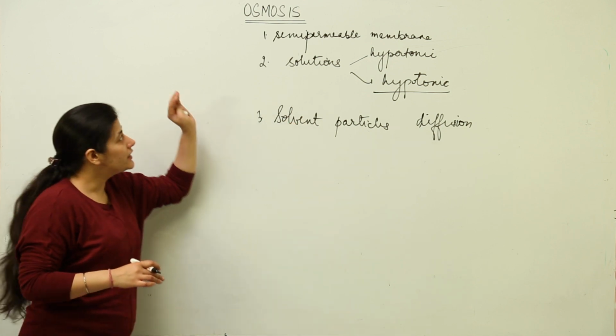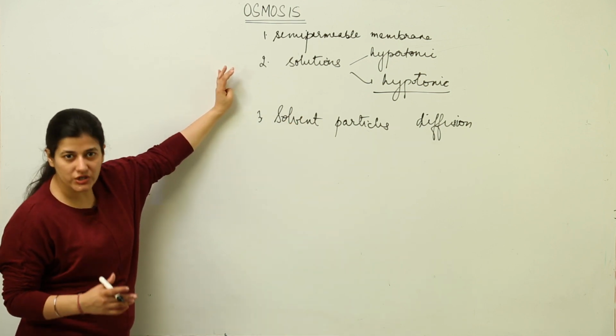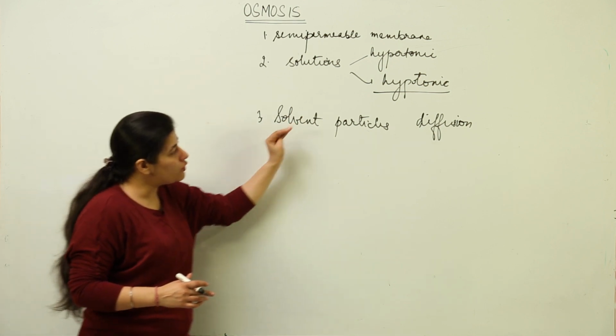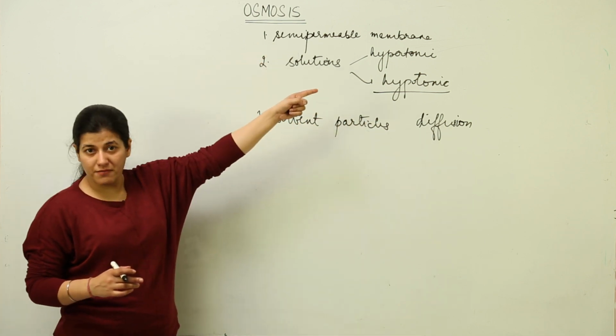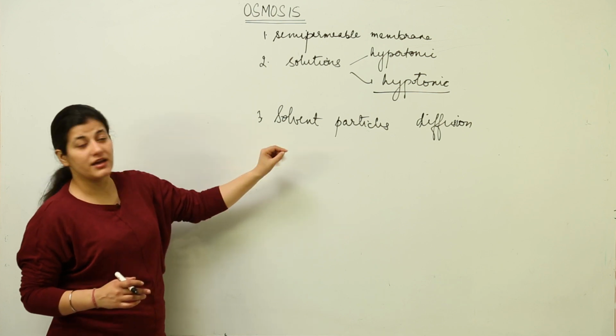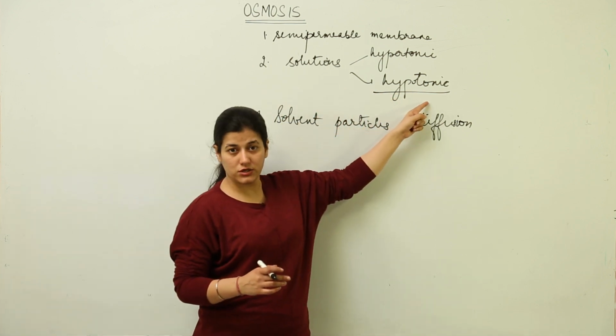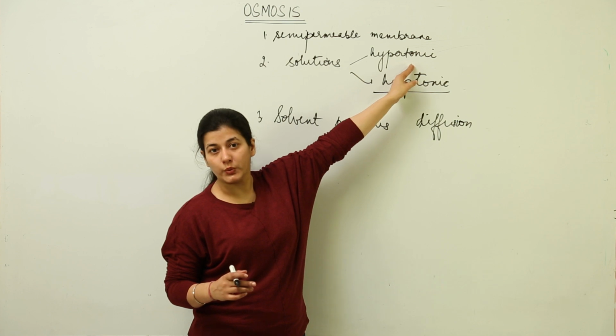I am repeating it, that osmosis is a special kind of diffusion where the solvent particles diffuse through a semi-permeable membrane from their higher concentration in a hypotonic solution to the hypertonic solution.